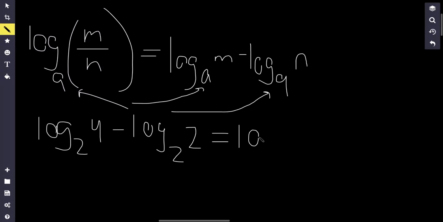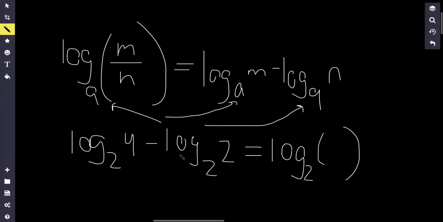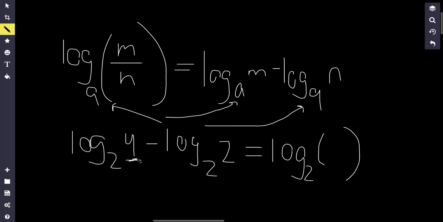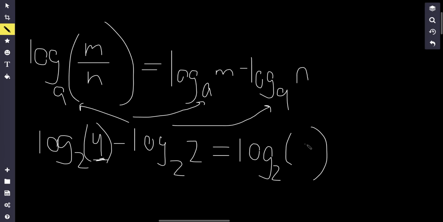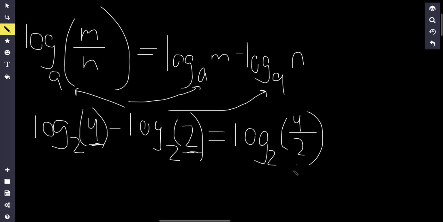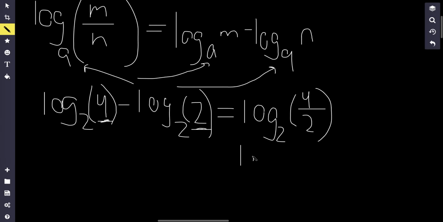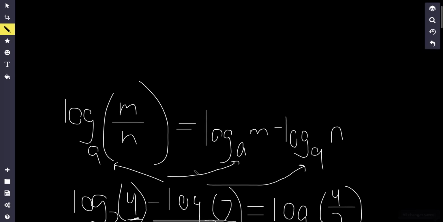So there's going to be log base 2. And then you're going to take the first thing inside of parentheses and make it the numerator, take the second thing inside of parentheses and turn it into the denominator. So this is just going to be equal to log base 2 of 4 divided by 2, which is 2. Let me just do another example.